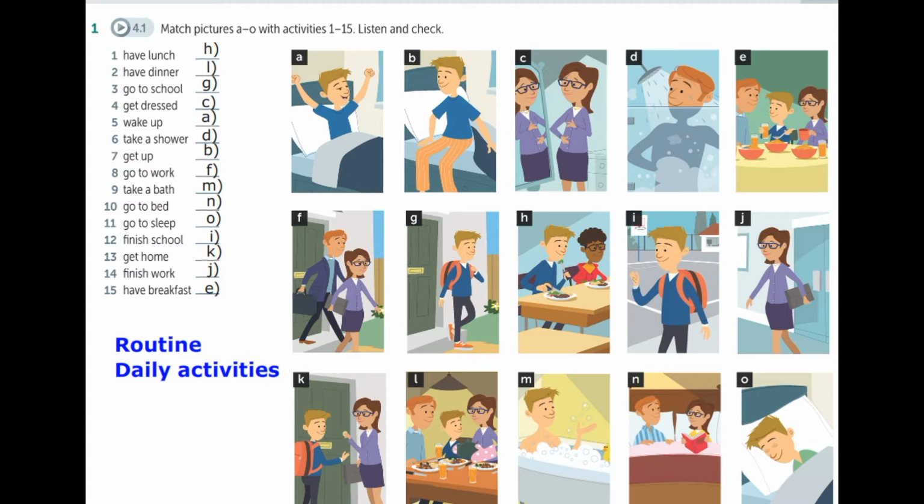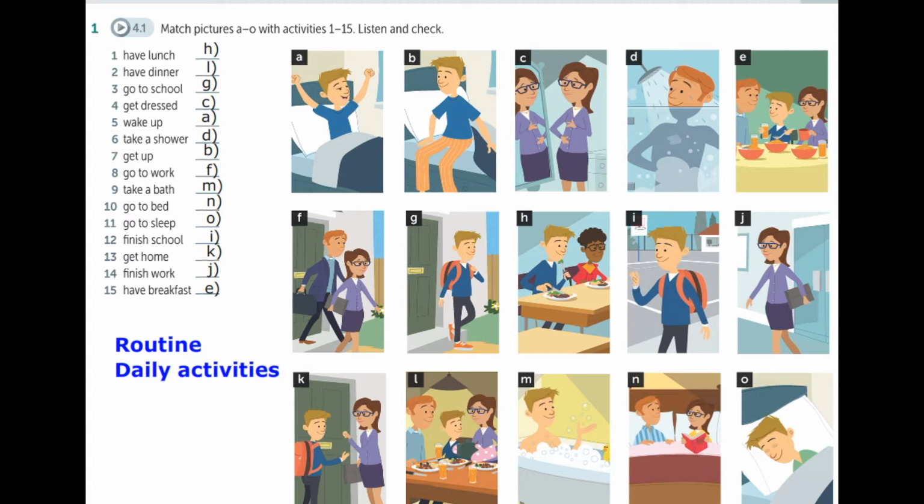1. Have lunch. H. 2. Have dinner. L. 3. Go to school. G. 4. Get dressed. C. 5. Wake up. A. 6. Take a shower. D. 7. Get up. B. 8.